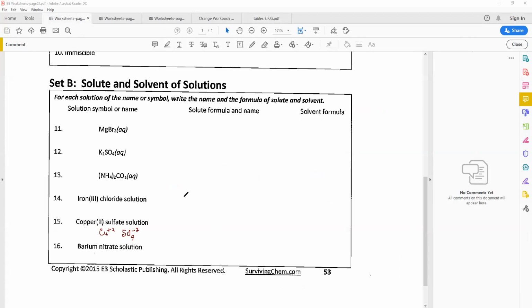And when I do the drawing, the +2 and the sulfate, remember I always circle the top charges and I say if I can simplify them. And I can simplify them by dividing them both by 2. Therefore, it's going to be +1 -1. And the formula is going to be CuSO4. And the solvent is still going to be water.